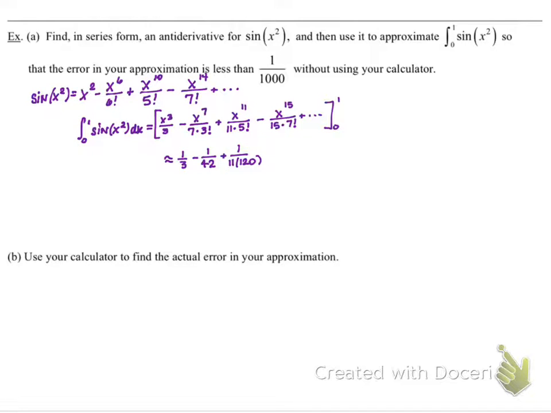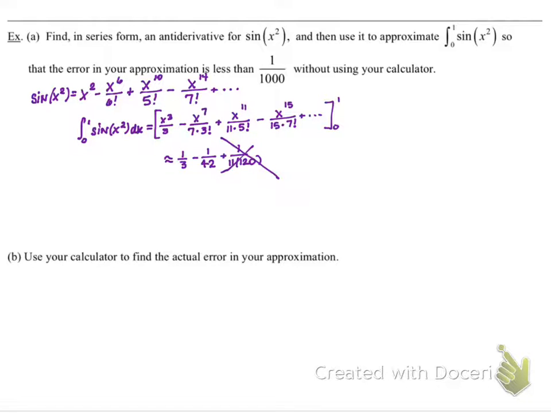So your approximation does not include that term. So your approximation is 1/3 minus 1/42. You do have an alternating series because the terms are alternating in sign. They have a limit of 0 and they are decreasing in magnitude. So we can use the alternating series bound to estimate the error.